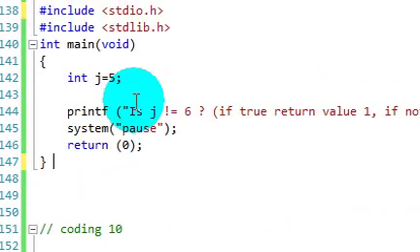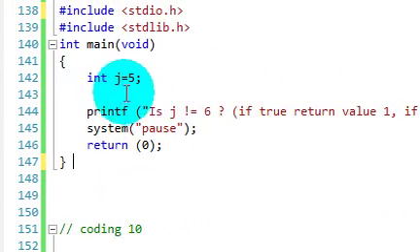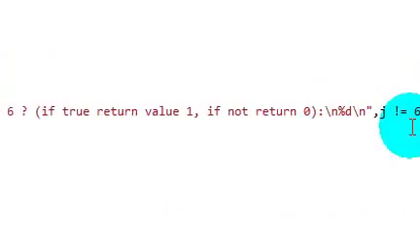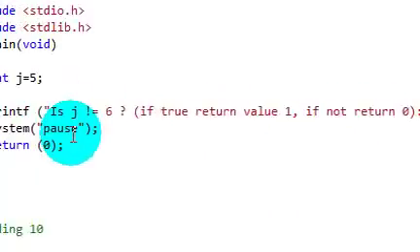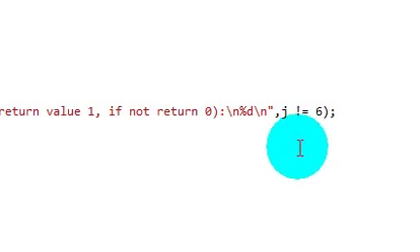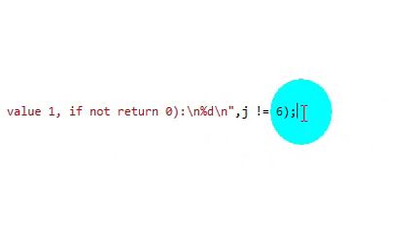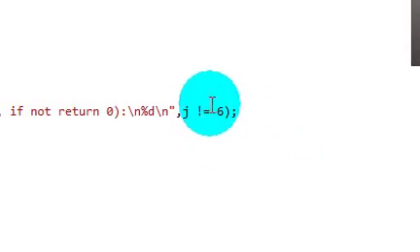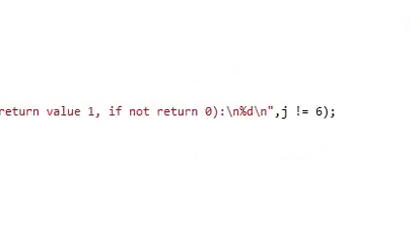In coding 9, J is declared as an integer and assigned the value of 5, and we print if J is not equal to 6.